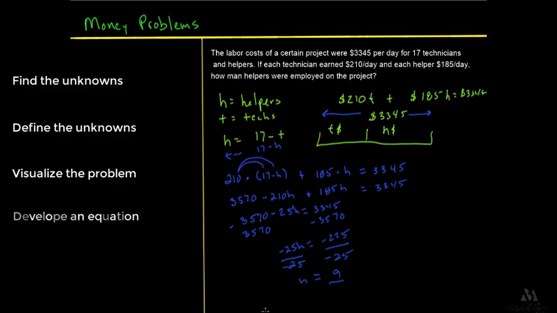And that's the formula that we worked through. Either one of those methods works. We can go back and test it and make sure that we came up right. So we know that our helpers equals 9 and that our technicians have to equal the rest, which is going to be 8 because there's 17 total. And we can multiply this out. I think we did that already when we did the guesstimation.